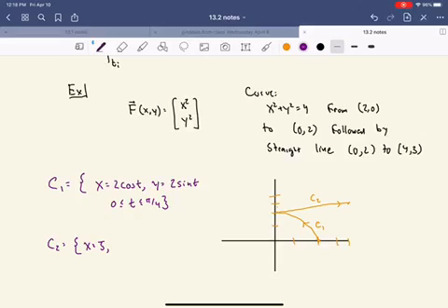And y is going to be 1/4 tau plus 2. And tau is going to go from 0 to 4.